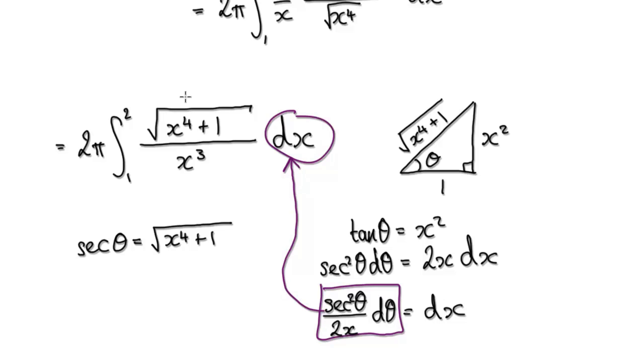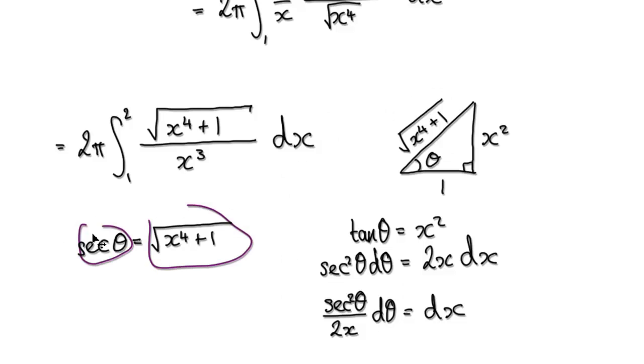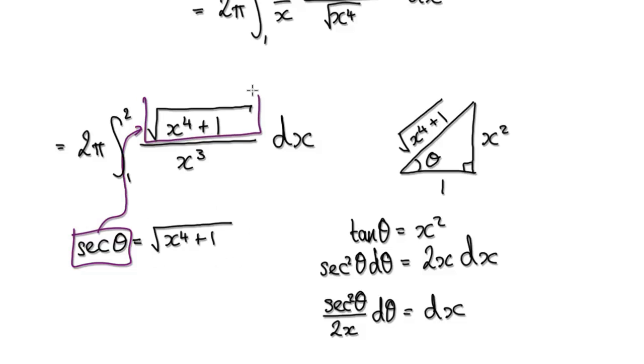And then looking at this complicated thing, if you consider secant theta is given by hypotenuse over adjacent, well, secant theta is given by this. So we can now put this into here.